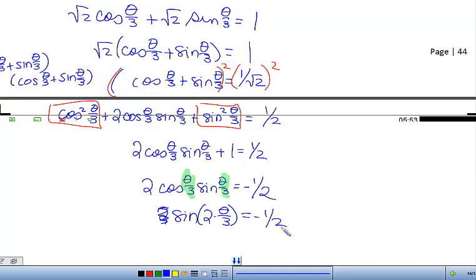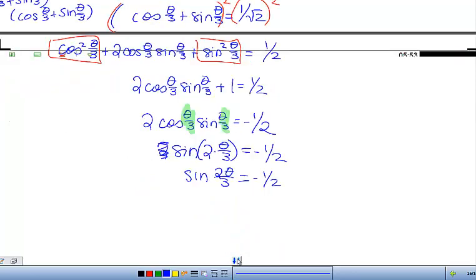And so now we've got sine of 2 theta over 3 equals negative 1/2. Since we have sine of some angle, it doesn't matter about the 2 theta over 3, don't let that part scare you right now. Sine of some angle is equal to negative 1/2, and what we need to know is which angle that is.